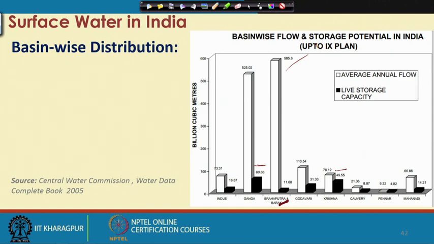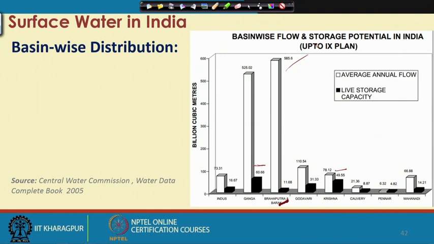In terms of the average annual flow versus live storage capacity, there are a few rivers like Krishna which are fairly good. It has a capacity of some 50 billion cubic meters and an average annual flow of a little under 80 billion cubic meters.